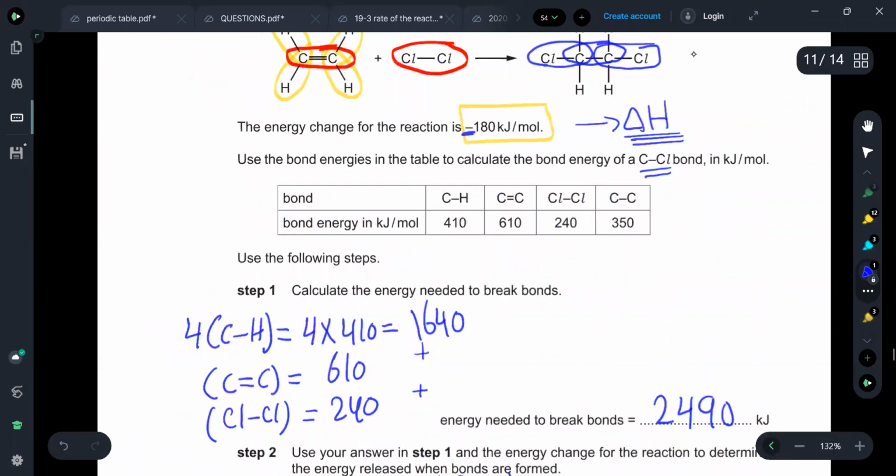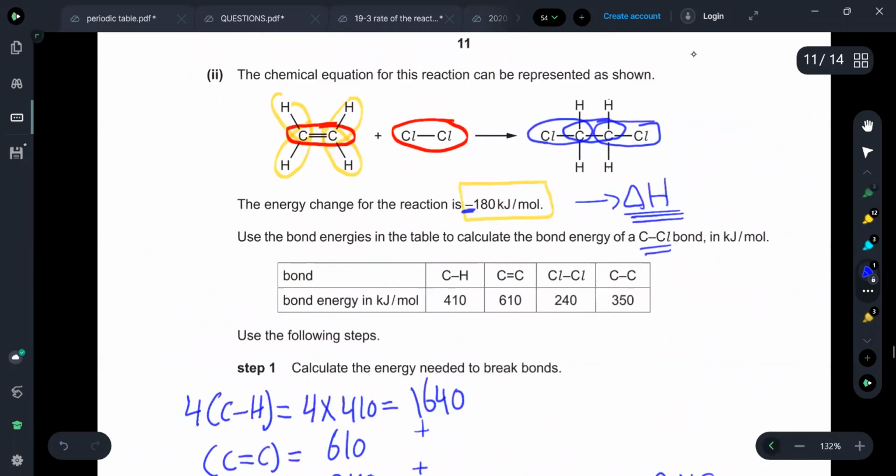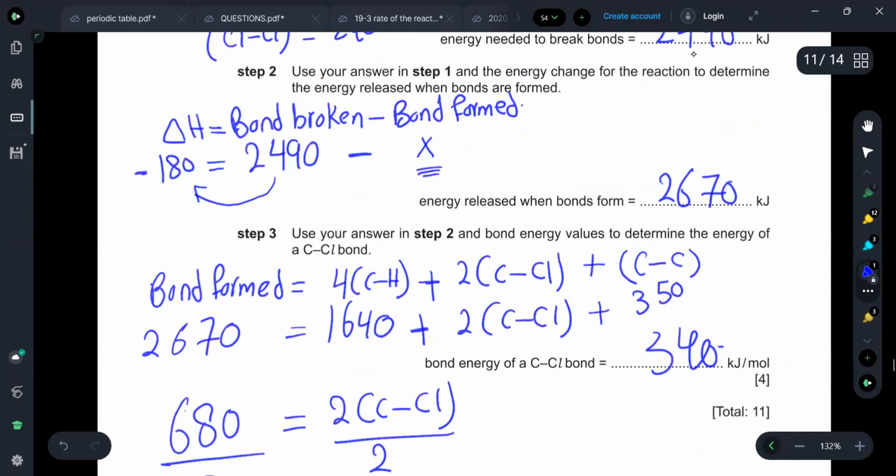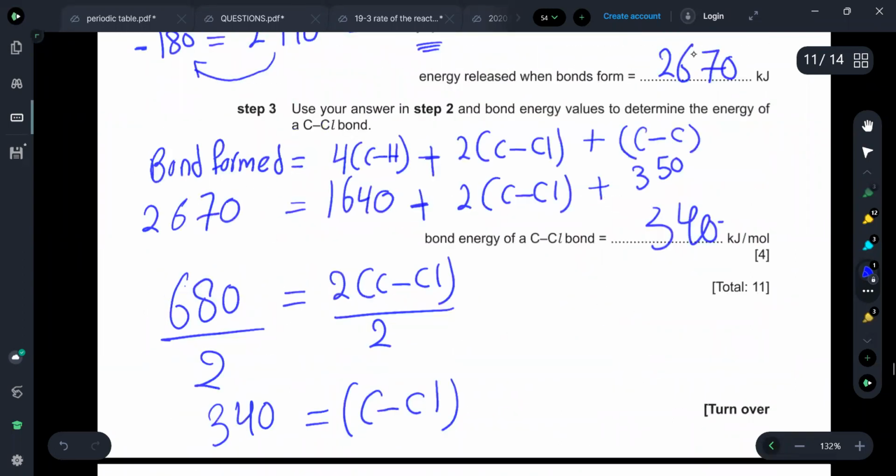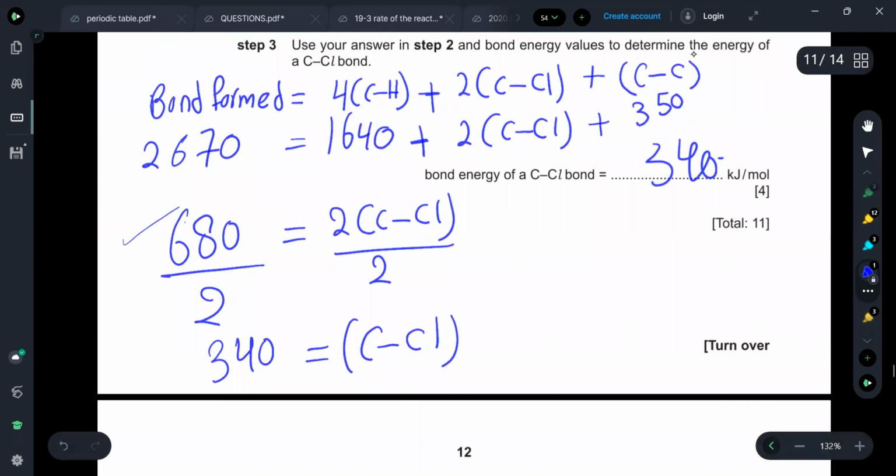Already we have 4 C-H, 1, 2, 3, 4. And we have C-C, which is 350. So to get the value of 2 C-Cl, change: 2670 minus 1640 minus 350 gives the value of 2 C-Cl. Then divide by 2 to get the value of one C-Cl bond, which is 340.